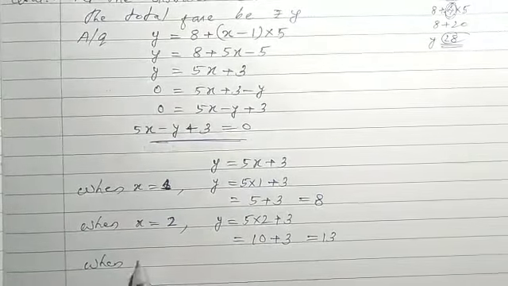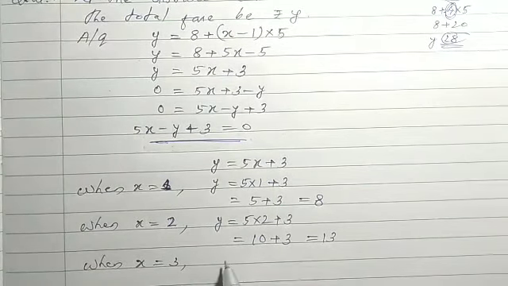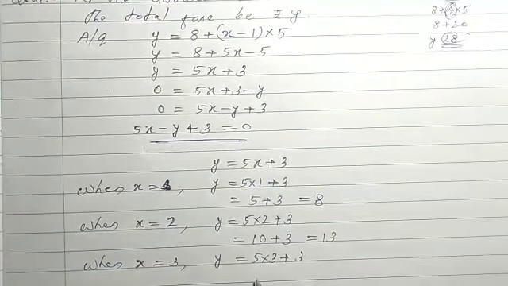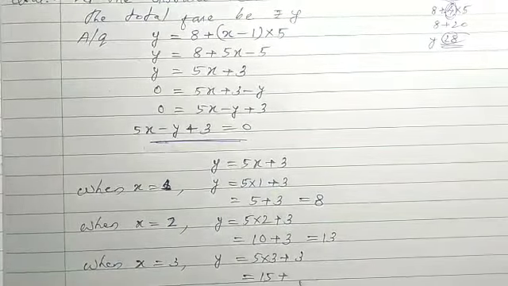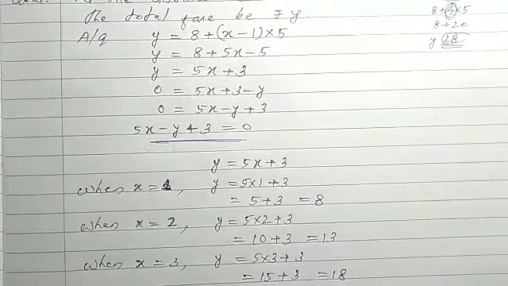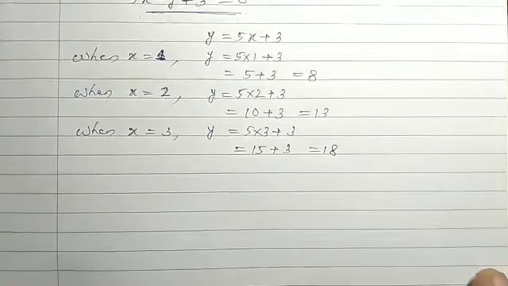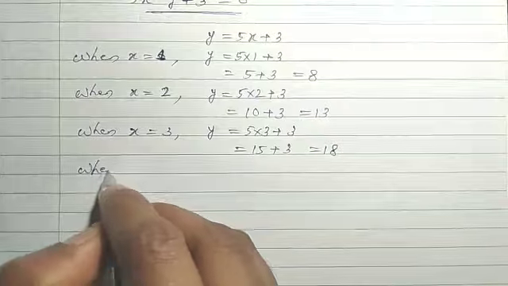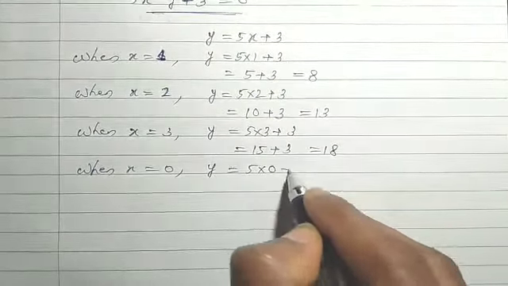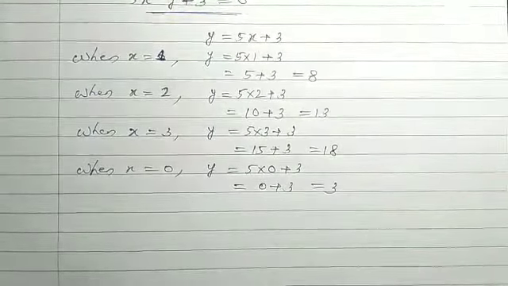When x is equal to 3, then y is equal to 5 into 3 plus 3, 5 3s are 15 plus 3, that is 18. 18 will be difficult to mark in the graph paper, so we will write one more value. When x is equal to 0, y is equal to 5 into 0 plus 3, that is equal to 3.